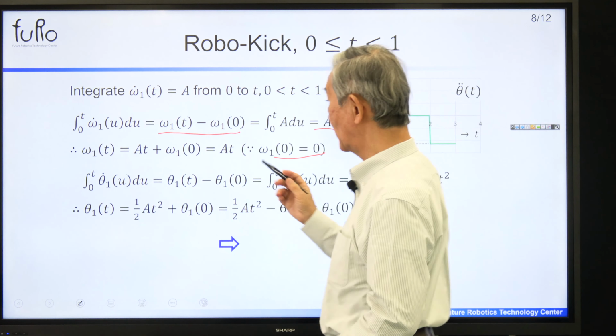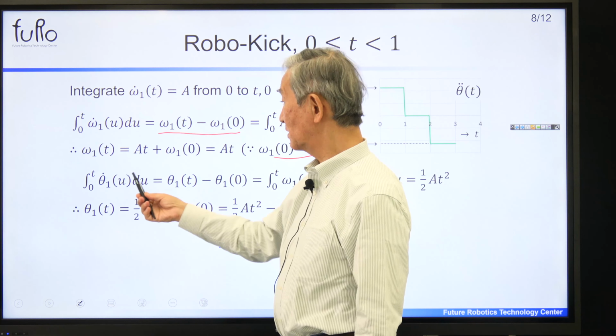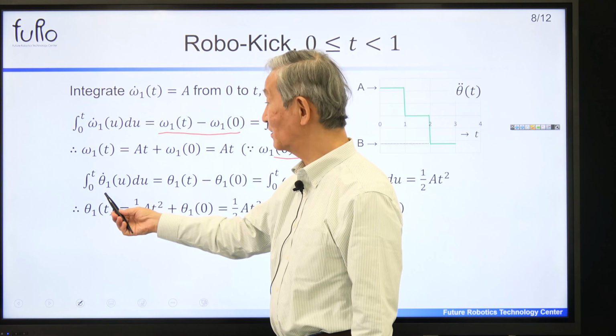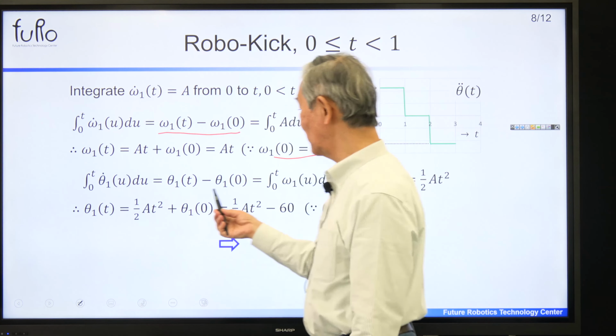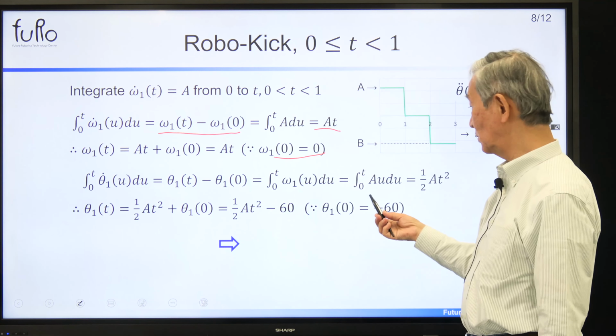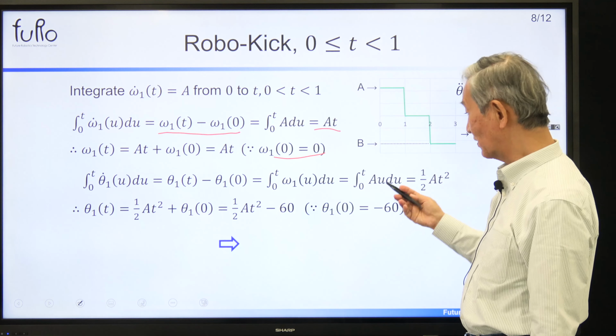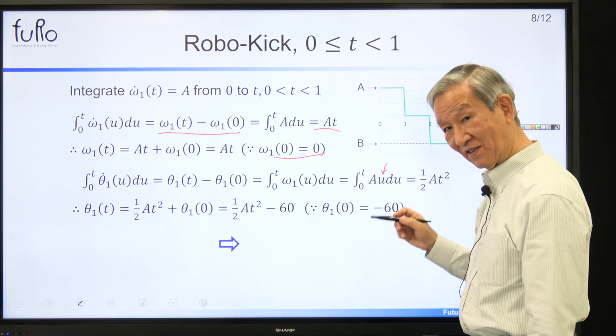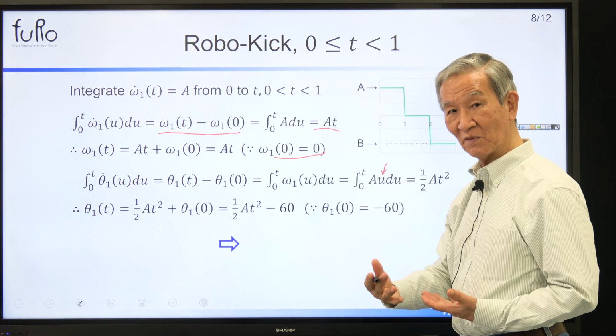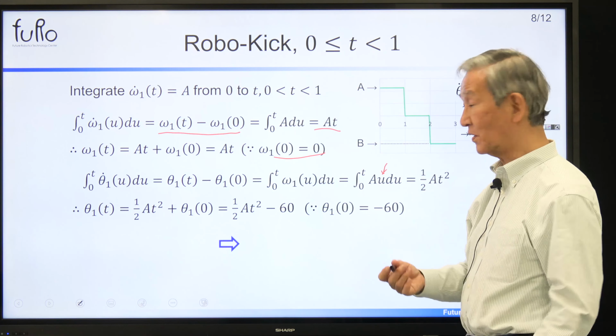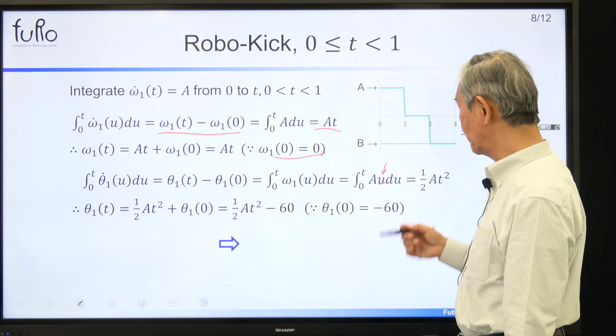Okay, so now we have omega, that means theta 1 dot. Therefore, we can integrate that to get theta 1, omega 1 of u, that's A u du, okay? Dummy variable here. I've been repeating myself, right? How important it is to use a dummy variable here.